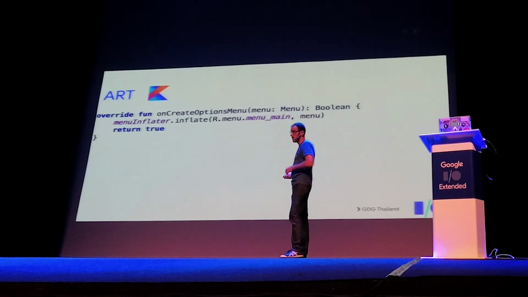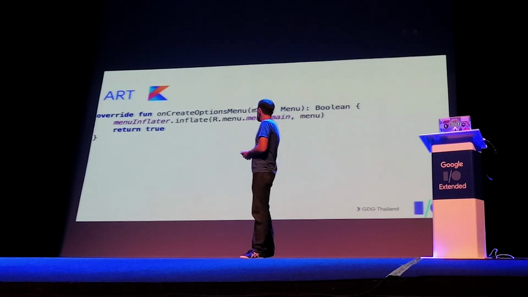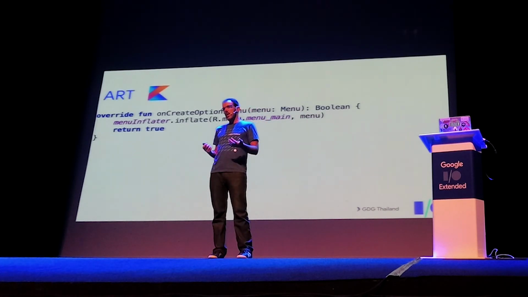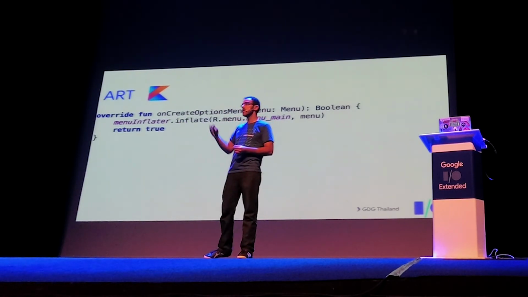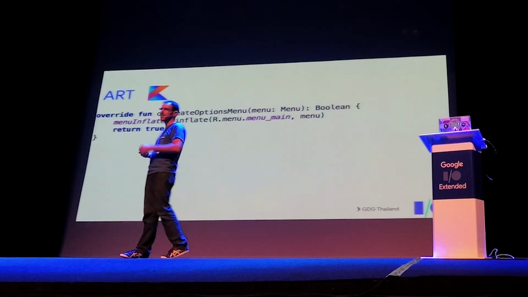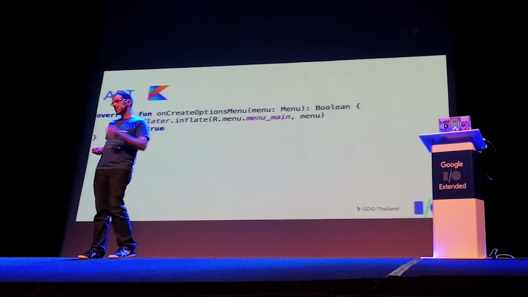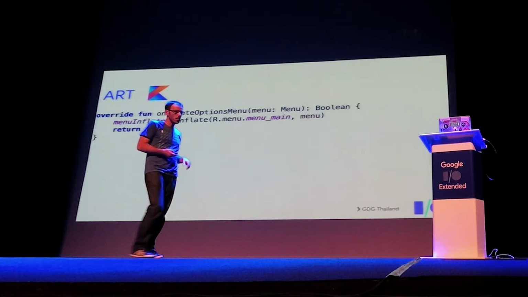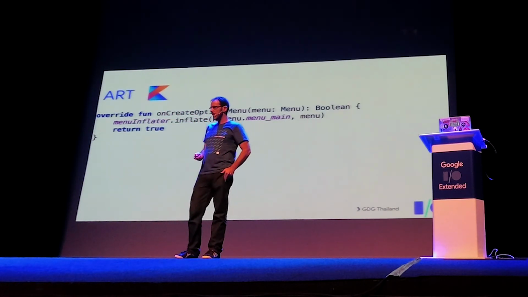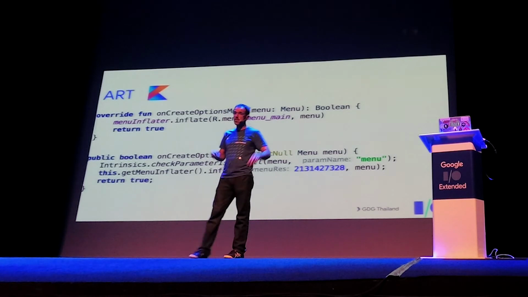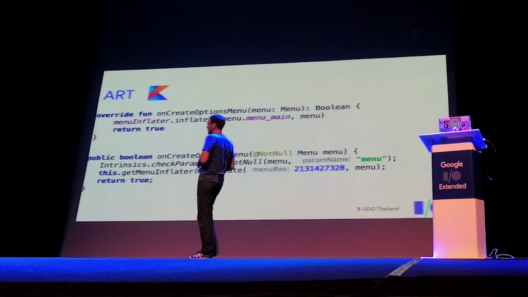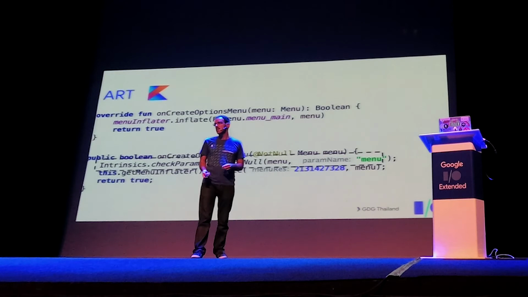In terms of Kotlin, there are some improvements: for example, if you have some performance problem related with Kotlin, now it can be addressed in two directions. One, with JetBrains, and second, with the D8 or ART implementation. Let's analyze this simple function where we are creating an option from a menu. This is the bytecode, Dalvik bytecode, generated. And this is the problem.